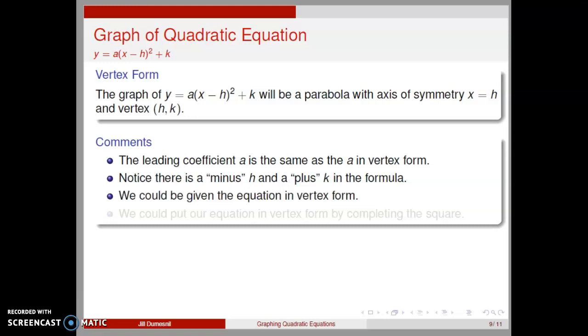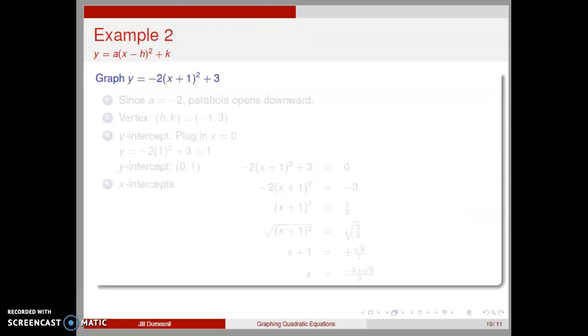We could be given an equation already in vertex form, or we might put our equation in vertex form by completing the square. How this is done is the topic of the next video. For now, let's consider graphing a quadratic equation that is given in vertex form.